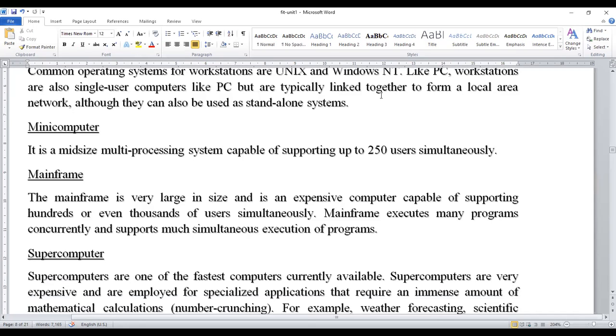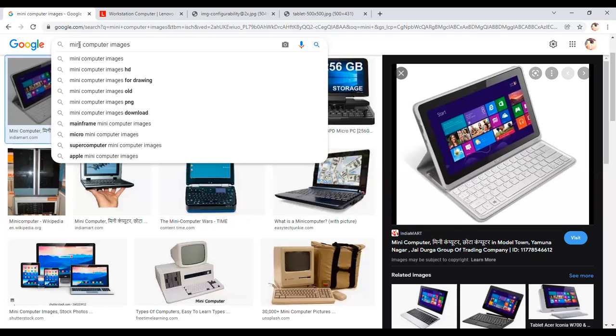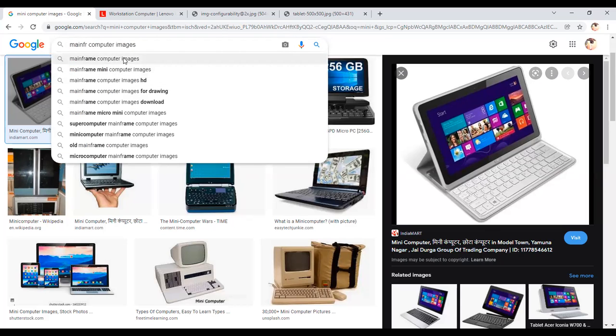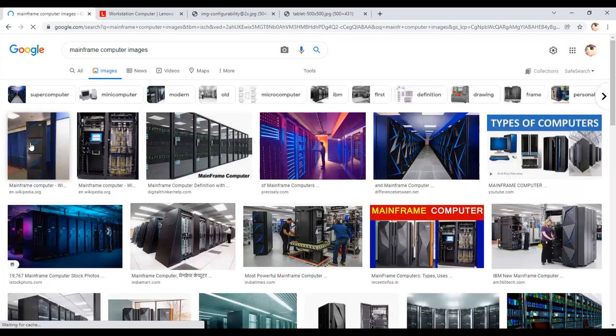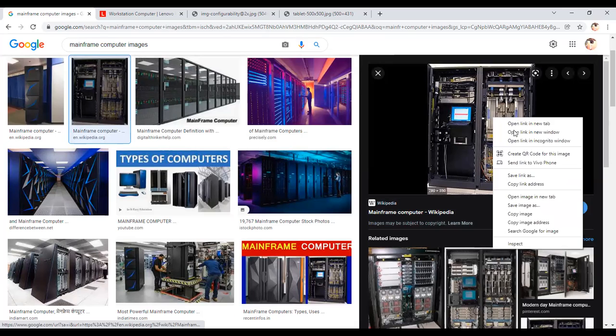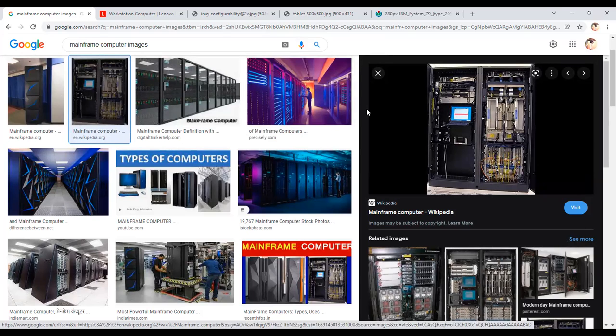So these are the mainframe computers, which are the most powerful computers.